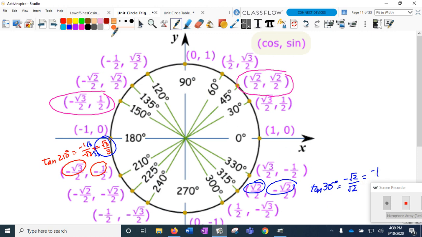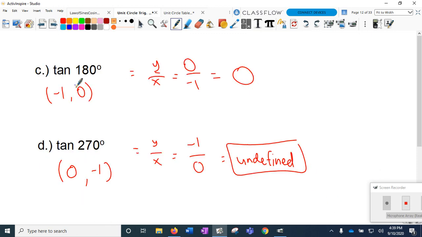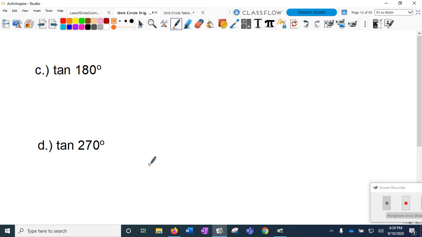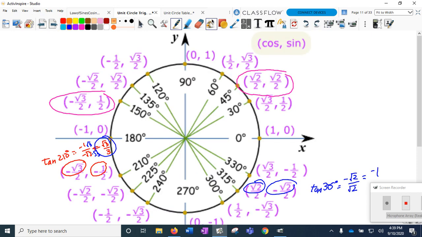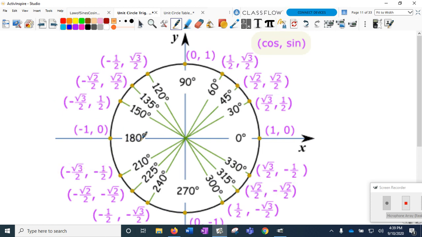Okay, now there's a couple other situations I want to talk about, and you already saw them. What about at 180? Let me clear all this stuff out so it's not in the way. Okay, let's go to 180. Remember, tangent is y over x. The coordinate is negative 1 comma 0.